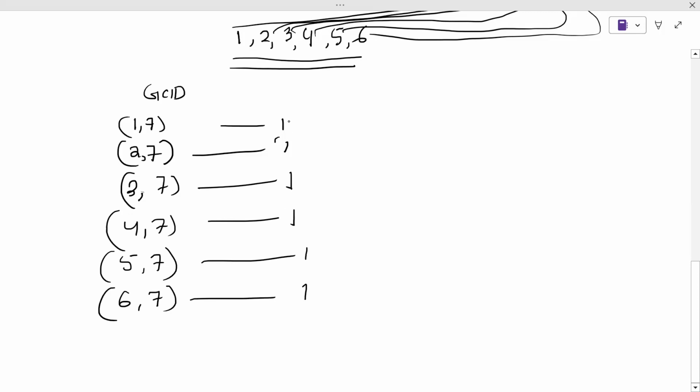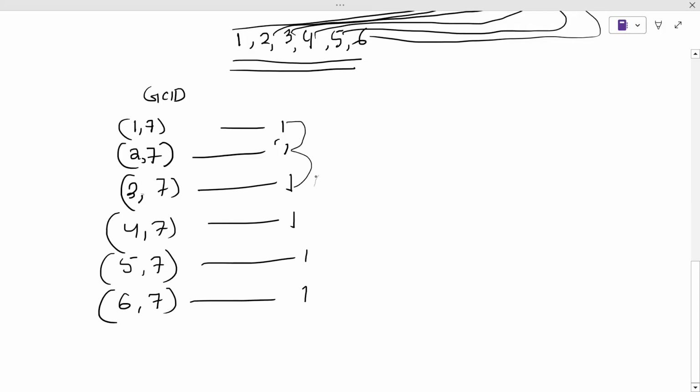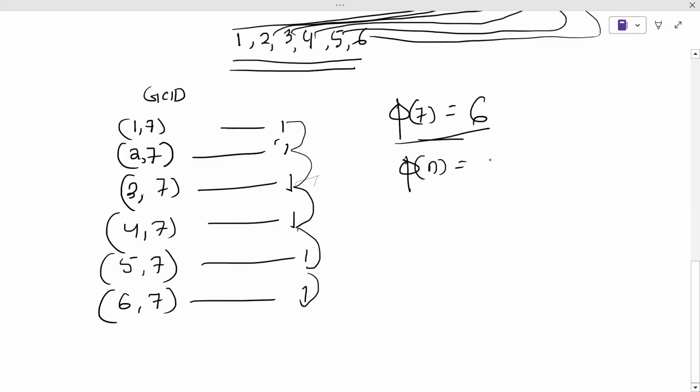So all of 1, 2, 3, 4, 5, and 6 are relatively prime to 7. So phi of 7 is 6. My formula says if n is a prime number, then phi n is equal to n minus 1. That is the same process: 7 minus 1 is equal to 6.